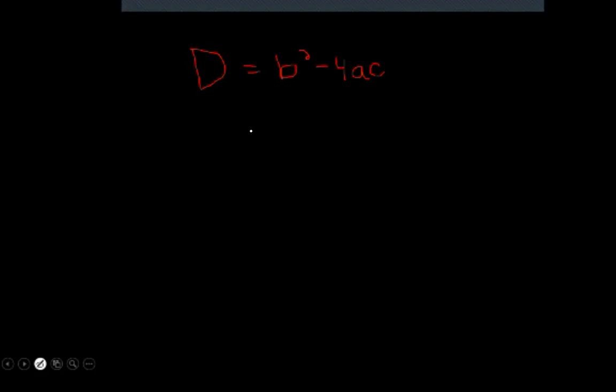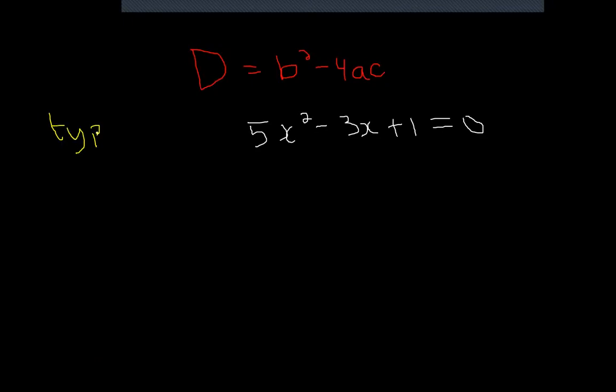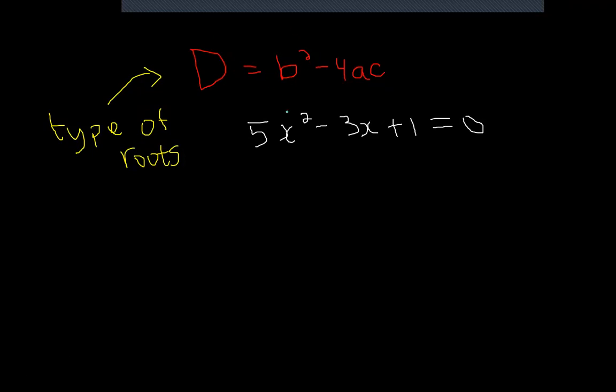The quadratic they gave us is 5x squared minus 3x plus 1 equals 0. When we see type of roots, they're talking about the discriminant. So a is 5, b is minus 3, c is 1.